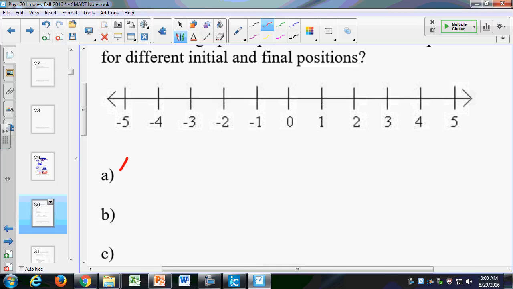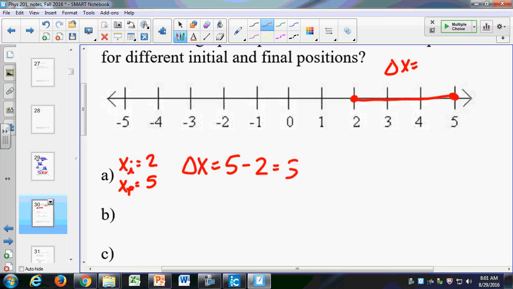Let's say that I have an initial position equal to 2 and a final position equal to 5. What is my displacement in this case? What is my delta x? It's going to be 5 minus 2, which is equal to 3. All right, I start here, I go here, my delta x equals 3 meters, going in this direction.